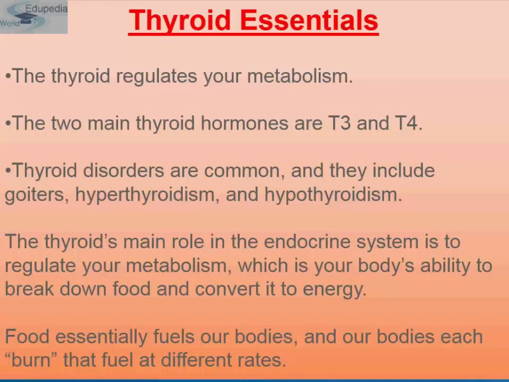The thyroid gland is situated in the anterior region of the neck, at the base of the larynx. Thyroid, what does thyroid do? Thyroid regulates your metabolism. There are two main thyroid hormones such as T3 and T4.